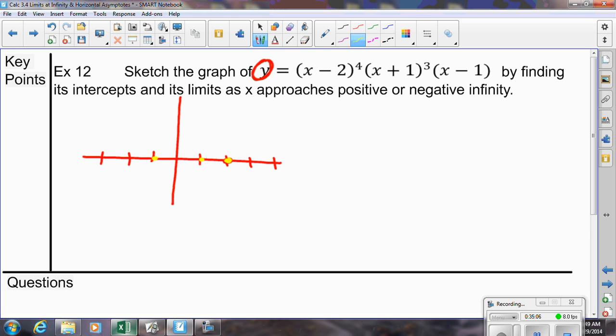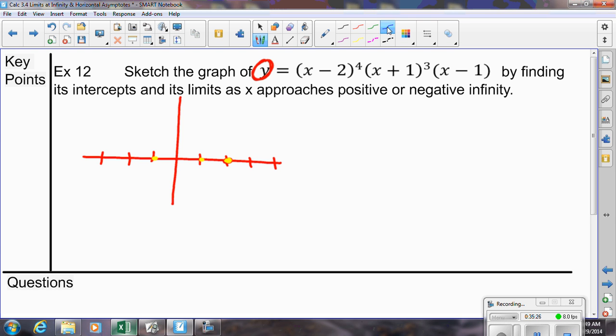We know that this is a polynomial. If we distributed it and completely expanded it, it's a polynomial, so it has to be continuous. But now what does it look like? We've got 3 points, which is nice, but we need more information. So let's consider the limits at infinity.